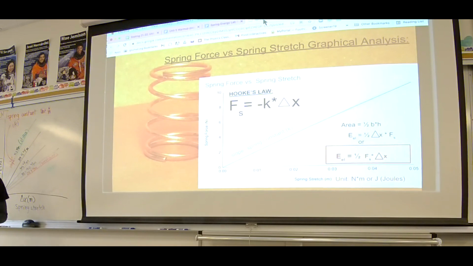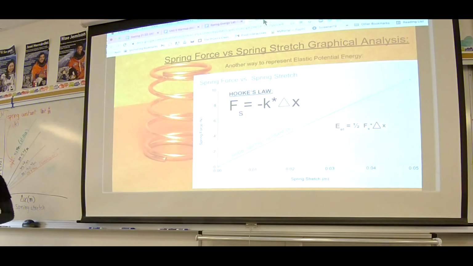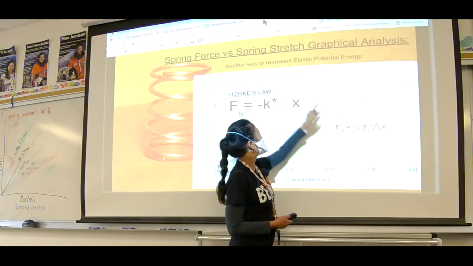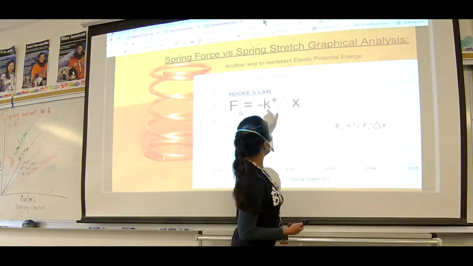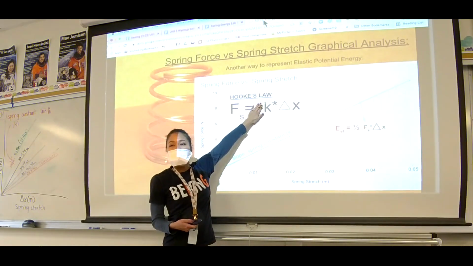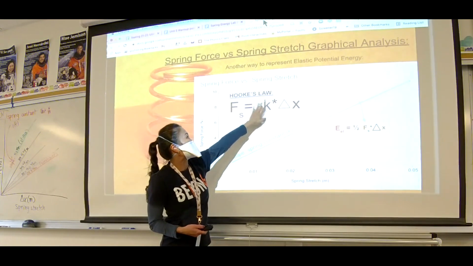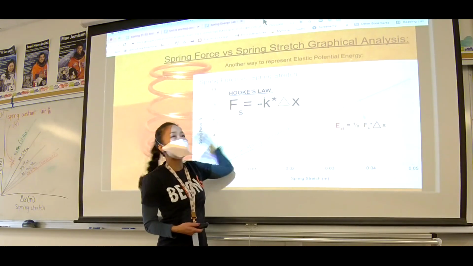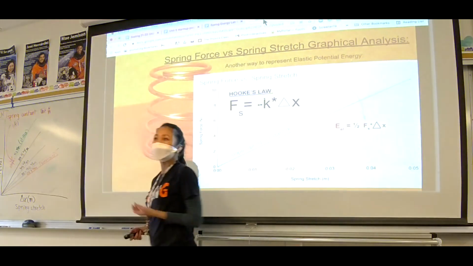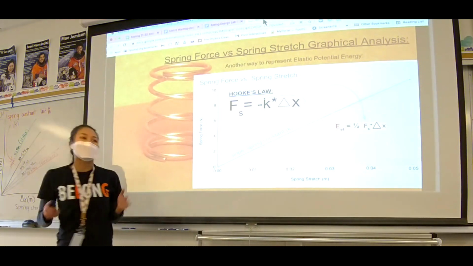Okay, let's go into our second equation. If I took the equation for elastic potential energy, but instead of force, I substituted my K delta X, I'm leaving out the negative. The reason why is because force is always going to be opposite, but energy not necessarily. So we're just going to think about it as the absolute value or the magnitude.